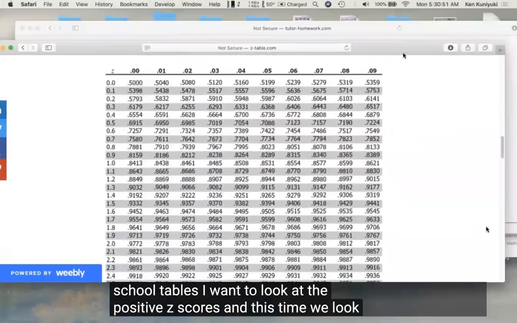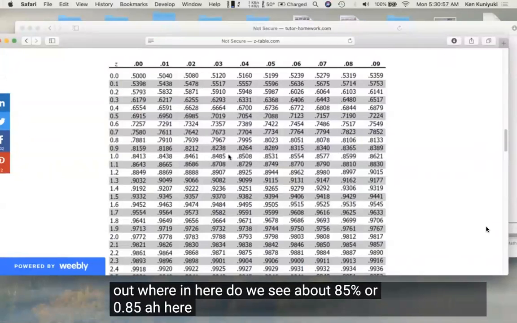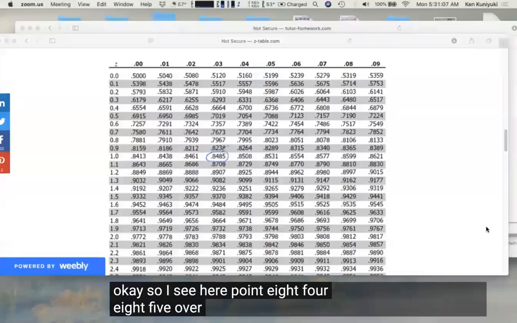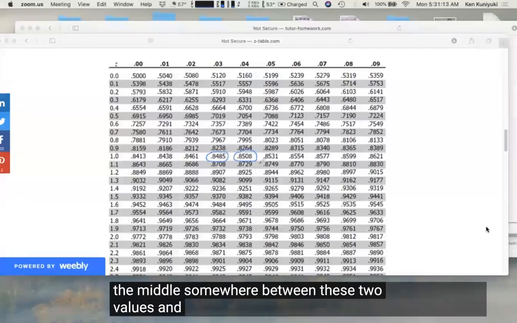And this time we look inside out. Where in here do we see about 85% or 0.85? Okay, so I see here 0.8485 over here, 0.8508 over here, 0.85 is in the middle somewhere between these two values, and I look up.